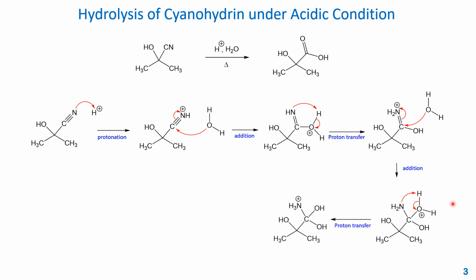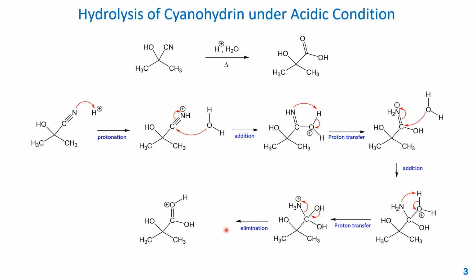to form this intermediate. Now you can see this is an ammonium, which is a very good leaving group, and then the oxygen from the hydroxyl group pushes back from the pi bond and kicks off this leaving group. This is also called elimination, and then you have this protonated acid here.